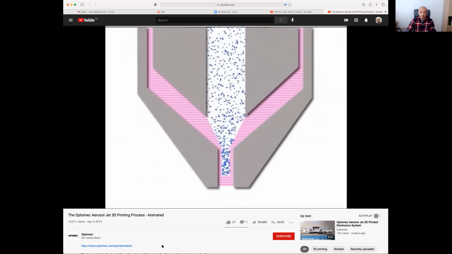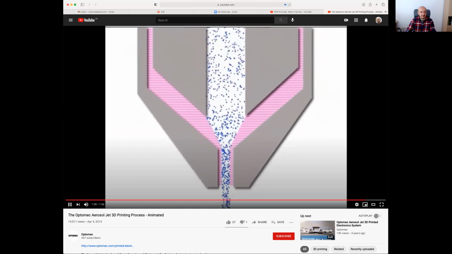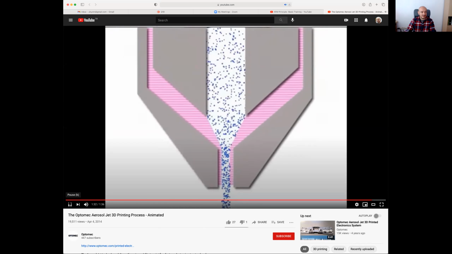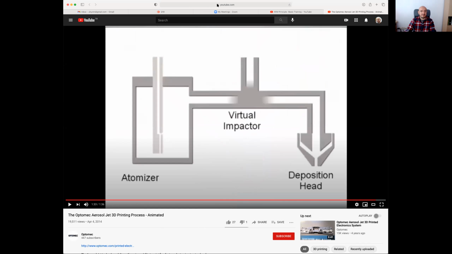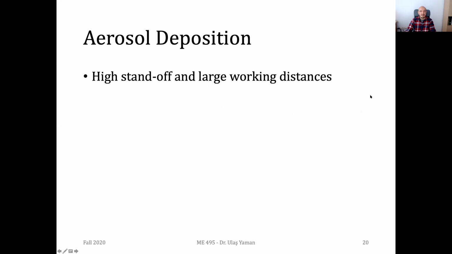So this is how they deposit the little particles onto, let's say, usually flat surfaces. And here is a schematic from our textbook. The same things are happening here, so I'm not going to discuss it once again.